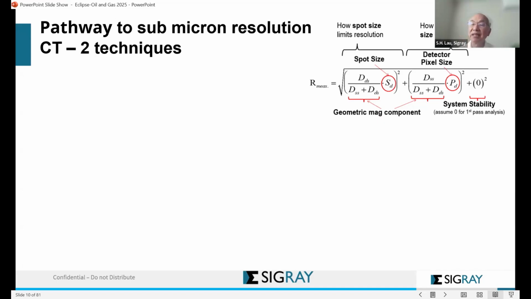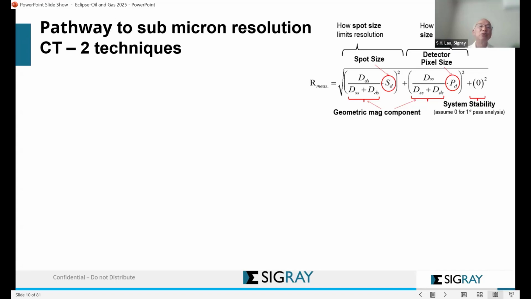So this means the detector resolution and the spot size of your X-ray tube determine your final spatial resolution. So my question is, if you're going to make a micro CT or an X-ray microscope, how do you get submicron resolution?